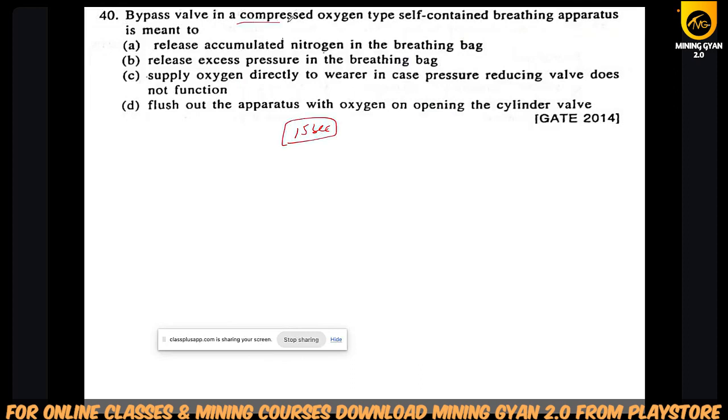Bypass valve in the compressed oxygen type self-contained breathing apparatus.